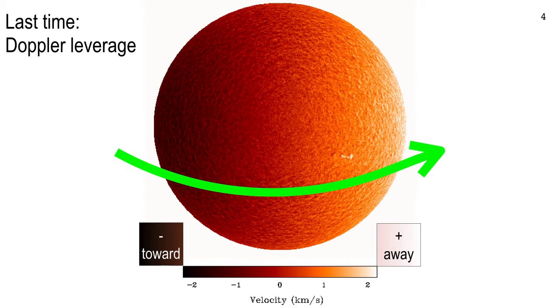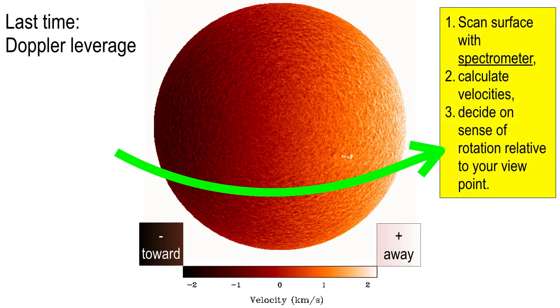All right? And so here's your basic logic. This is what I want to reinforce with you. You scan the surface of the star or the planet, whatever it is you're looking at, or the car. You know, the police officer's got a radar gun, and he scans one point on your car, and he looks for a Doppler shift.